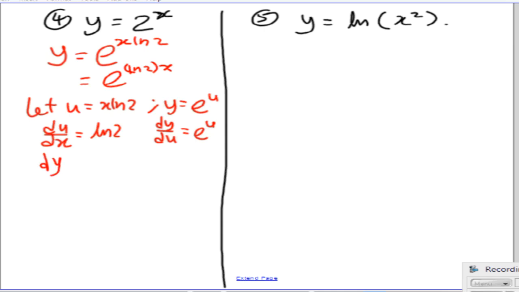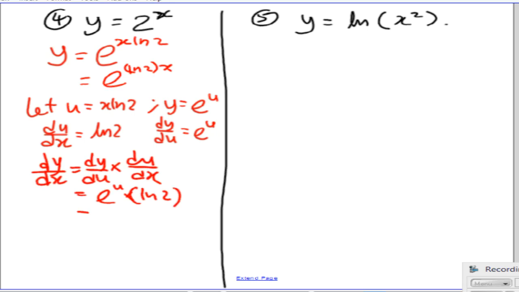Therefore, dy over dx is going to be dy over du times du over dx. dy over du is e to the power of u times du dx, which is ln 2. So basically this is ln 2 times e to the power of u.